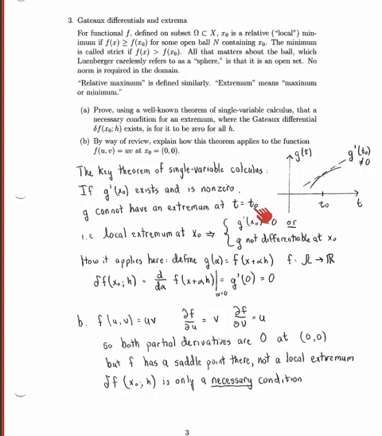We've been using that in dealing with those crazy functions that were sums or maxima of absolute values of first degree polynomials. Another way of looking at this, a local extremum at x0 requires one or the other of two things. Either the derivative exists and is 0, or the derivative doesn't exist.